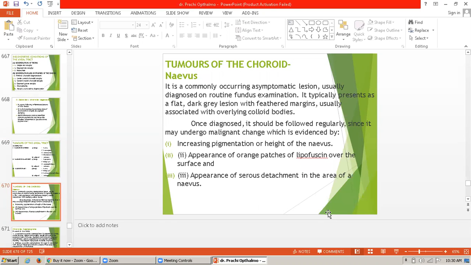Then, in detail, when we see the tumors of the choroid, the first one is the nevus. It is a commonly occurring asymptomatic lesion, usually diagnosed on routine fundus examination, and it typically presents as a flat, dark gray lesion with a feathery margin and usually associated with overlying colloid bodies.